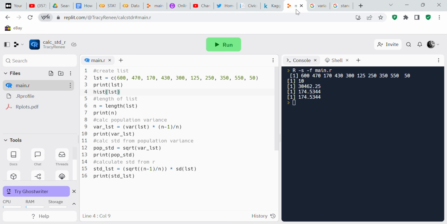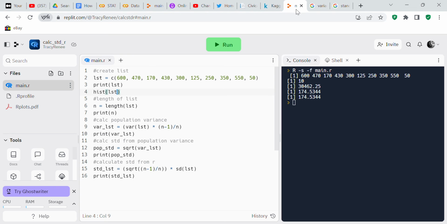And now we're going to calculate the standard deviation from the population variance. So pop_std equals sqrt, that's square root, of the population variance, and we print the population STD.